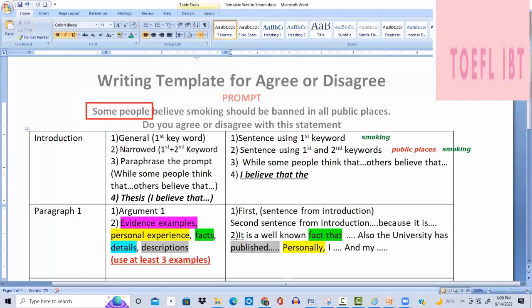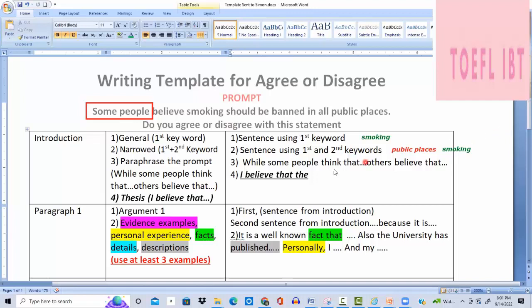You're going to write, while some people think that. And while you're filling out this template, if you can think of something immediately, you can put it there. But right now, I can't think of anything. But I do know I want to put in, while some people think that, others believe that, because you're just rephrasing the prompt.